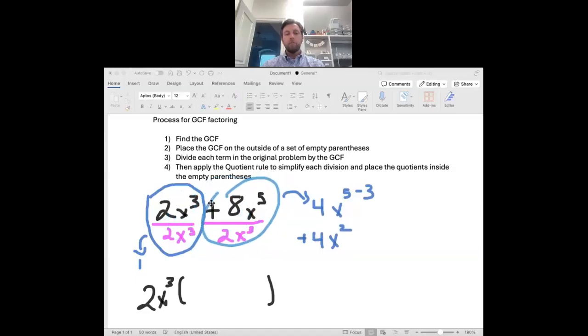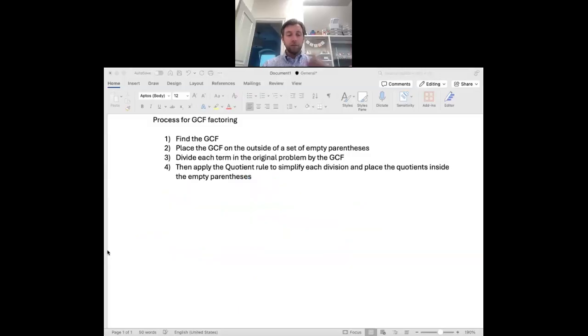That plus sign in front of the 8. And so then we put in 1 and then positive 4x squared inside. Really, the main piece of this is that you're finding the GCF and then applying the quotient rule. Let's build on this to get some bigger, more complicated examples.